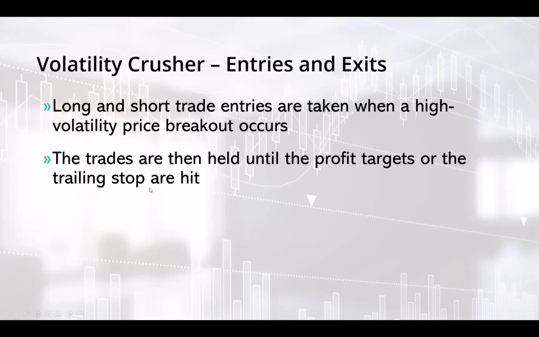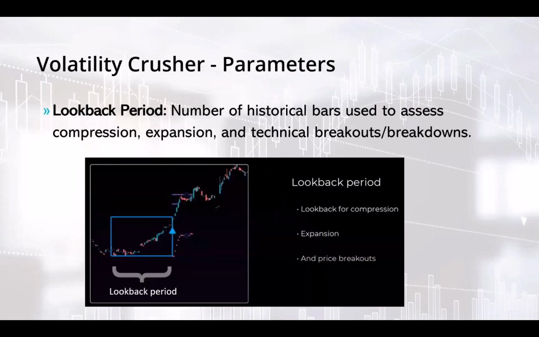This indicator, unlike 1 to 3 strike and Divergence Cloud, comes with 2 predefined profit targets. You can configure this. We always have 2. And again, this is based on our research. We have found that this is the best combination to trade these kind of breakouts with 2 profit targets and a trading stop. Now, what are the parameters that can be used with this indicator?